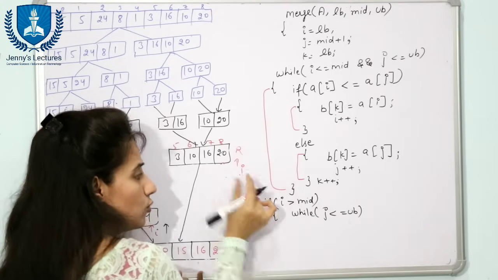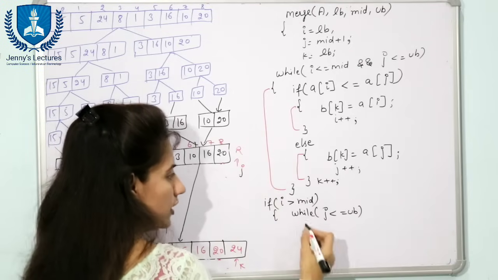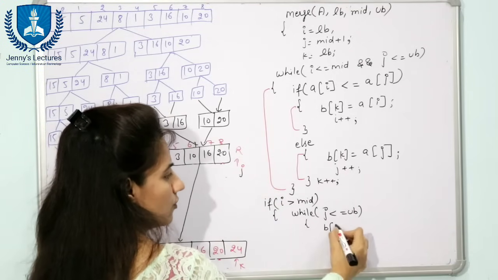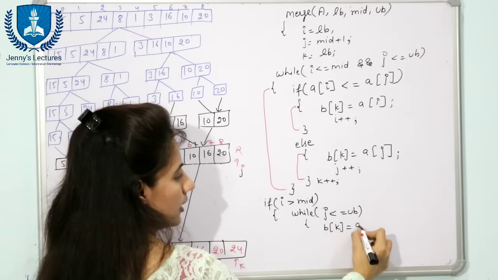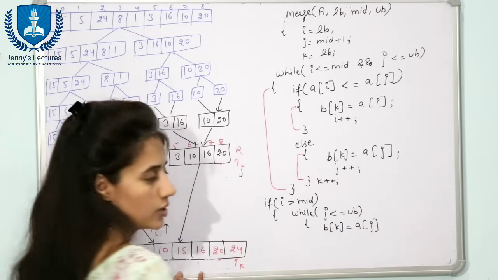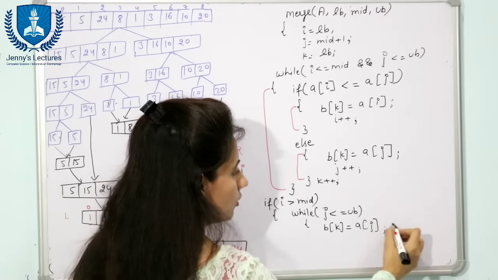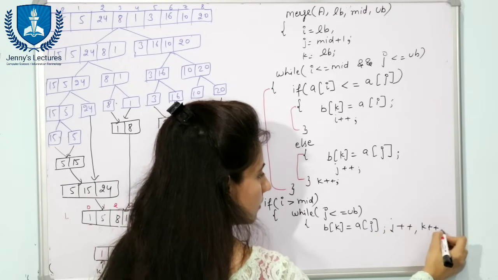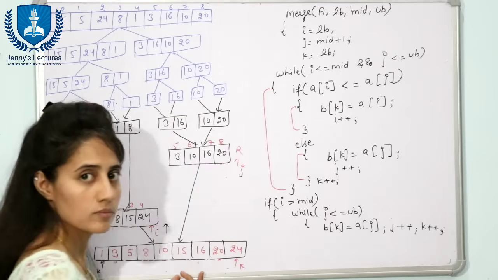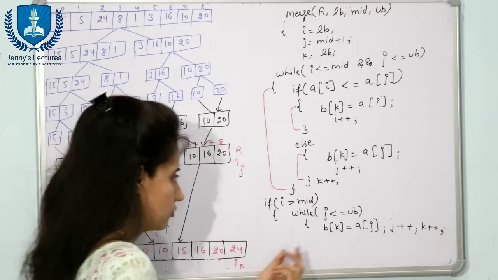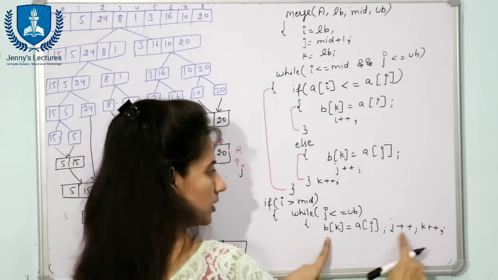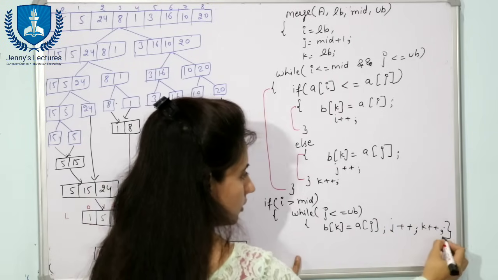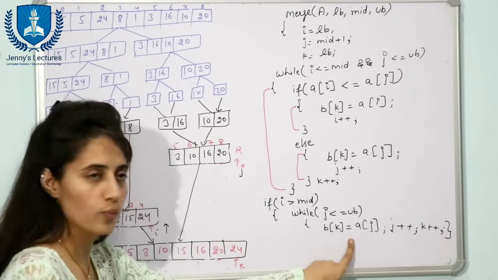Then in b of k you will put a of j, and then you will do j plus plus and k plus plus. I am short of space, that is why I am writing multiple statements in one line. Fine. And here you will enclose this while loop.